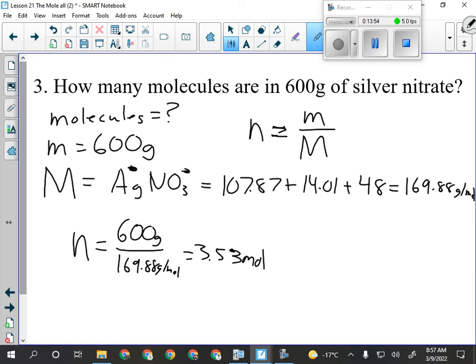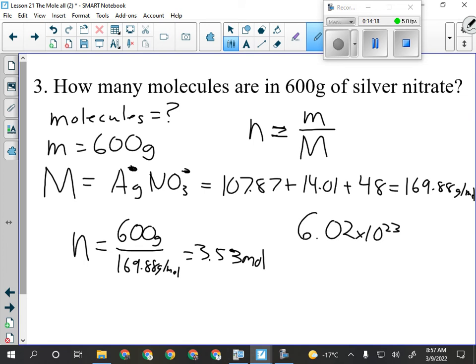I got the number of moles. That's not what the question wants. The question wants to know the number of molecules. So I know how many moles there are, and I know this number. What does that number tell me? Molecules.